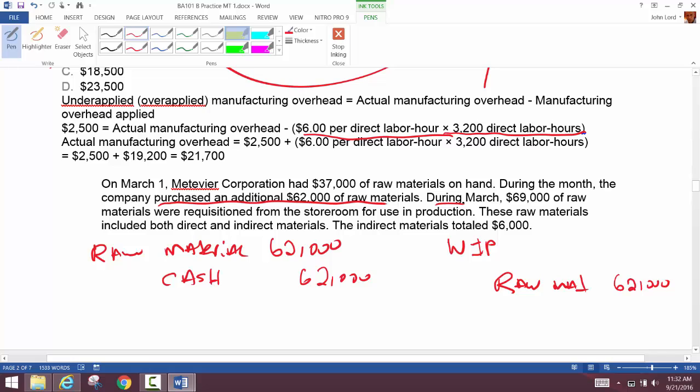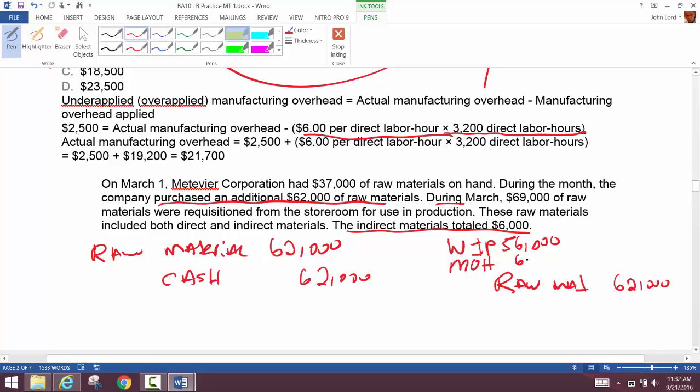Where's the direct? Well, they don't tell me the direct. They tell me indirect was 6,000, so work in progress is 56,000? What's going to happen to that remaining 6,000? Manufacturing overhead, the actual, isn't it?